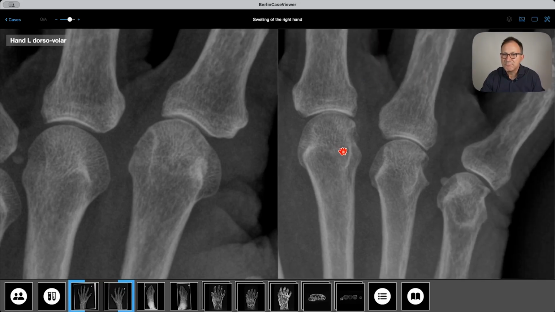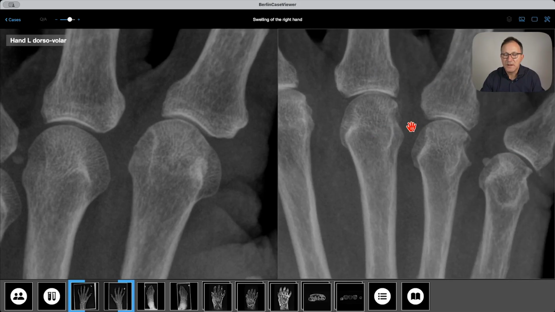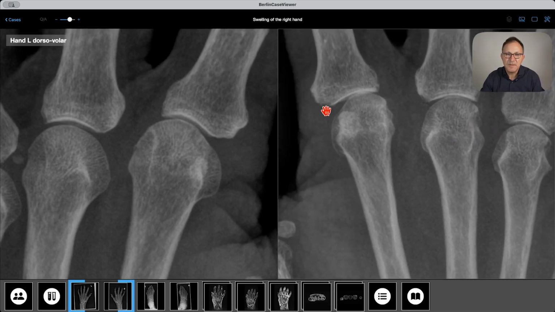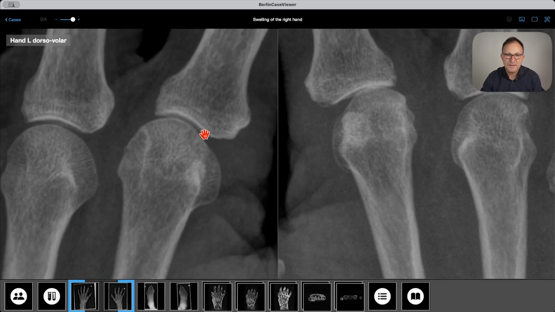It's very unclear if there are erosions here, so I don't see any larger erosions at the MCP joints. Maybe we can see some lucency here. This cortical line should usually go all the way here, and there is some lucency here. If you compare it with the other side, the cortex usually has a very smooth and continuous appearance, which is not the case over here.